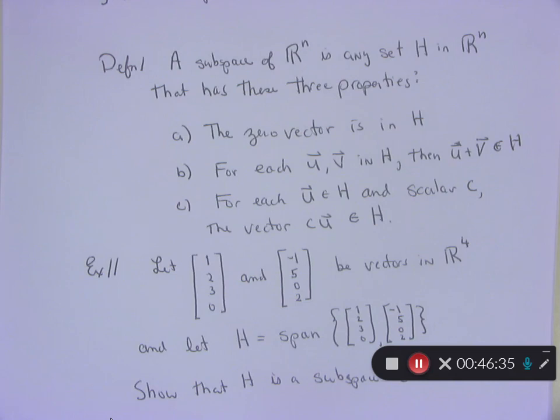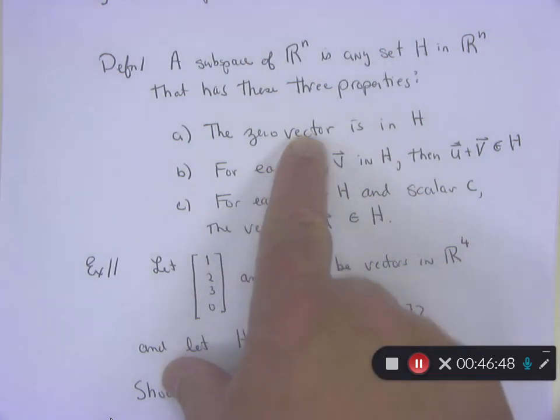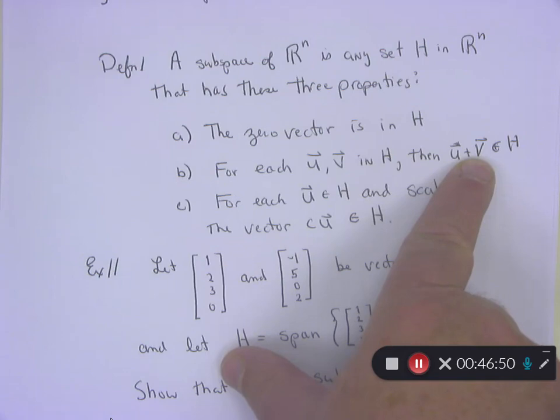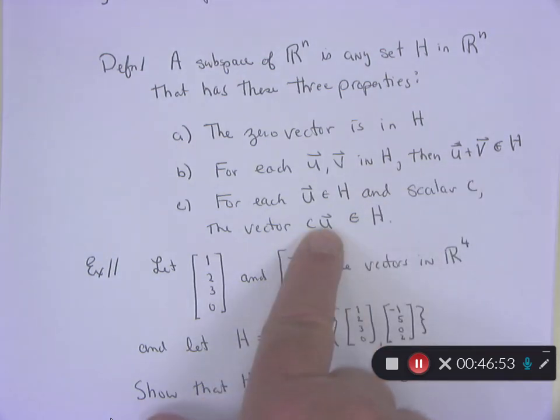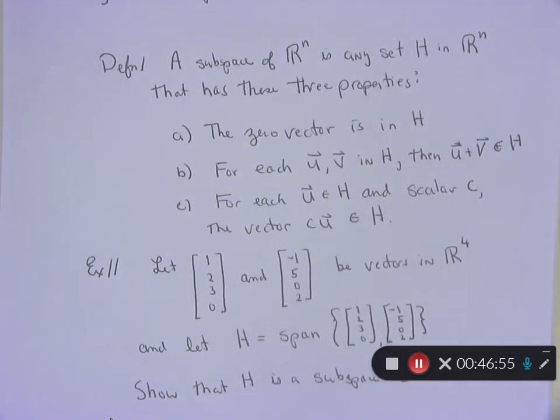And the second thing is scalar multiplication. You multiply a scalar times any vector inside the set, and that new vector is going to be inside the set. That is what creates a subspace. The zero vector is in there, you have closure under addition of the vectors, and scalar multiplication is also going to be inside your set. So these are the three things that make you have a subspace.